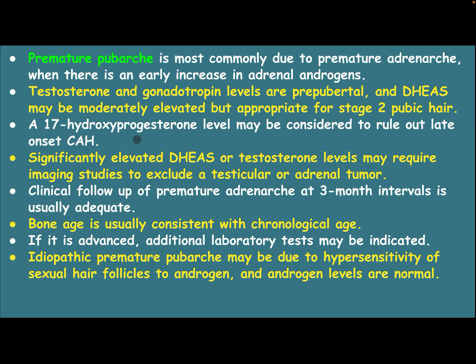The 17-hydroxyprogesterone level may be considered to rule out late-onset congenital adrenal hyperplasia. Significantly elevated DHEAS or testosterone levels may require imaging study to exclude a testicular or adrenal tumor. Clinical follow-up of premature adrenarche at 3-month intervals is usually adequate.